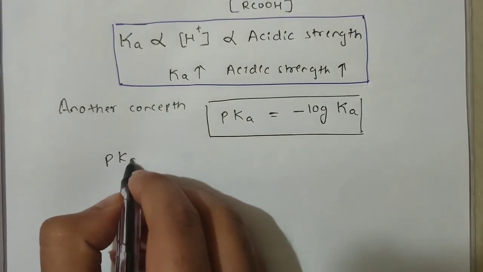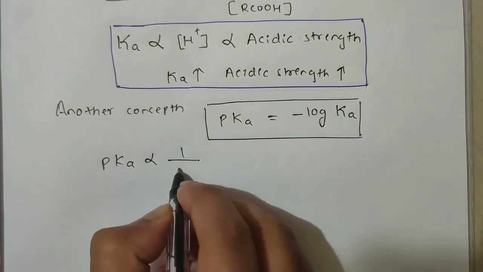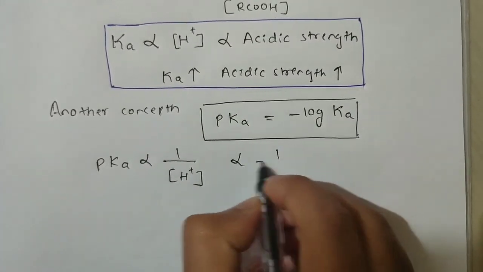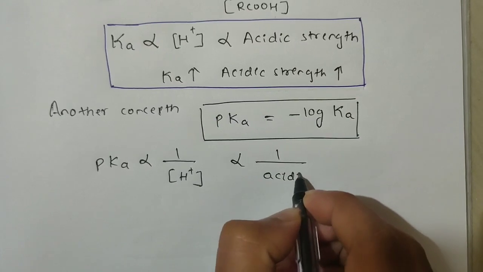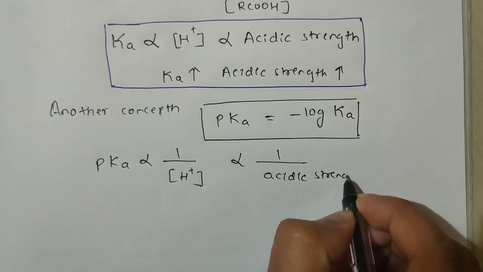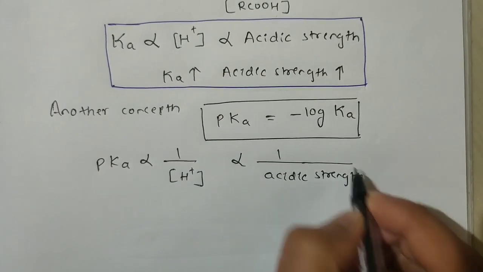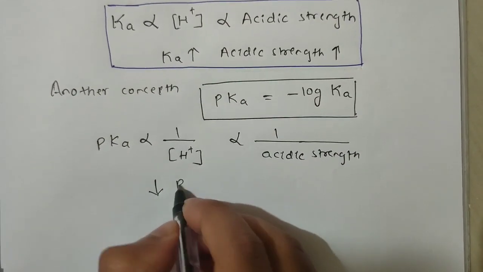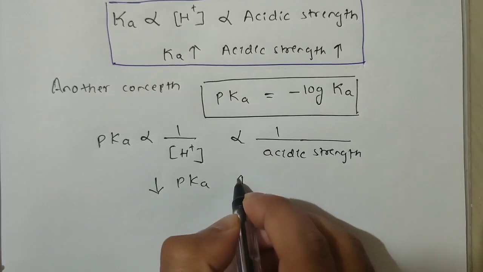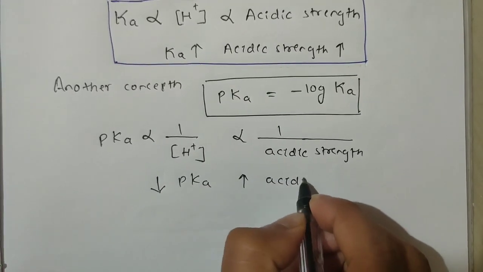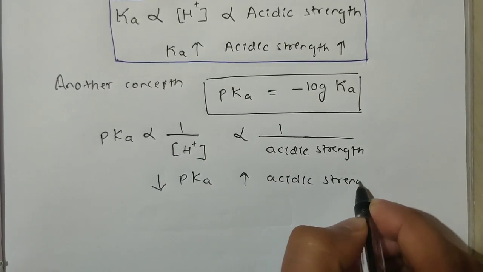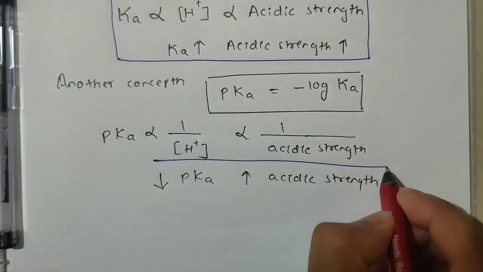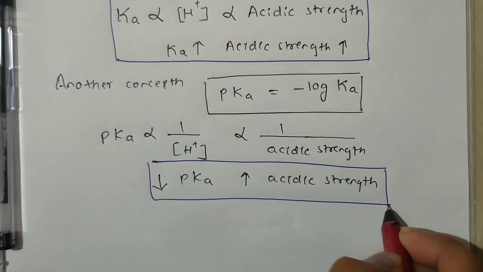The pK value is inversely proportional to the concentration of protons, and also inversely proportional to acidic strength. Hence the lesser the value of pK, the higher the acidic strength. Why? Because both are inversely proportional. That's why, the lesser the pK value, the higher the acidic strength.